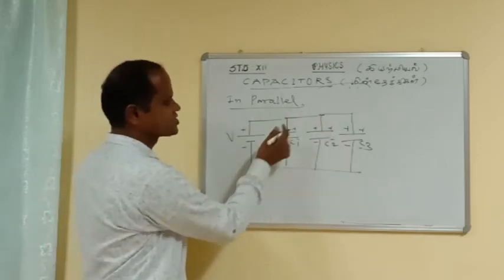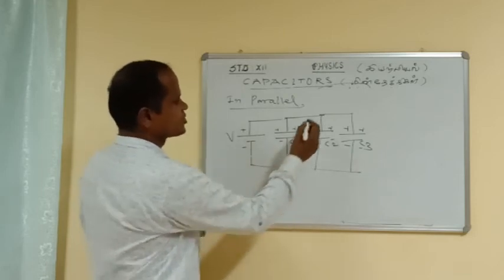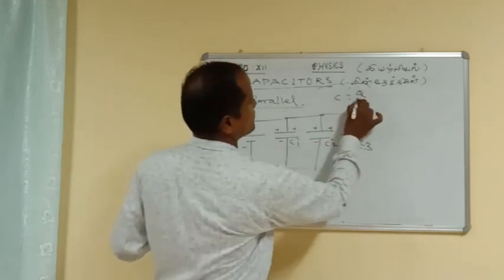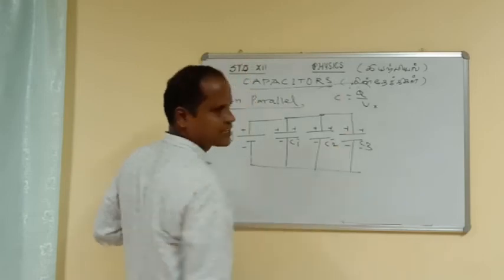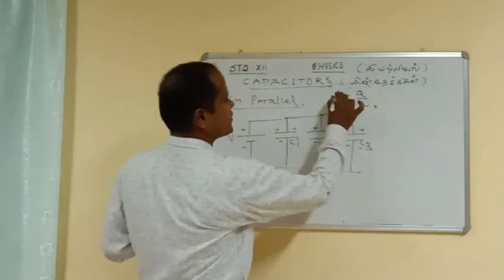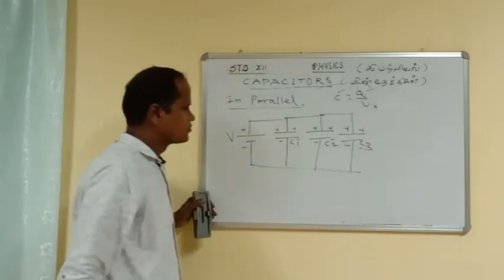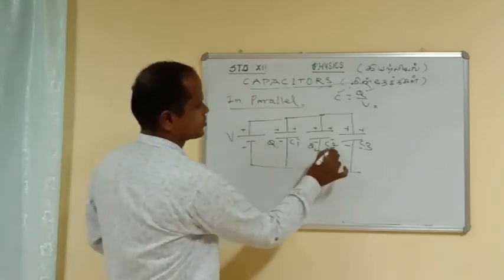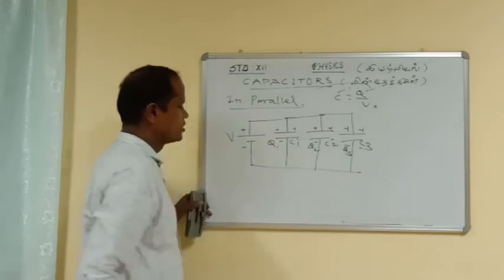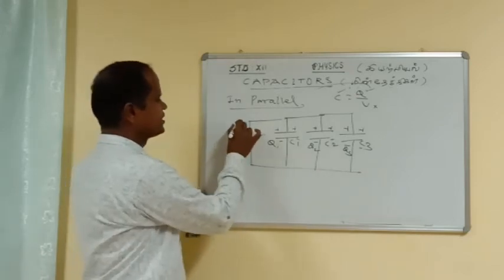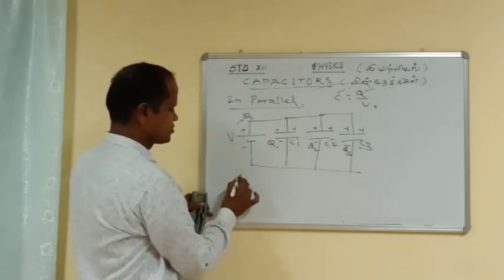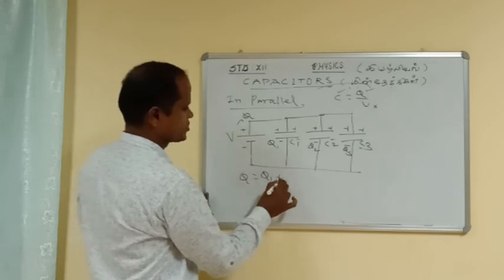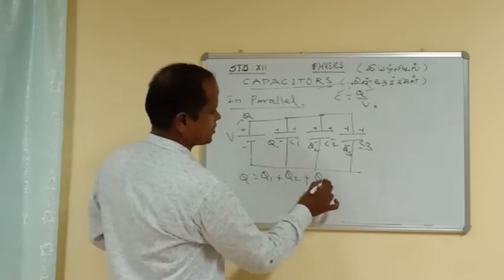You know the formula C is equal to Q by V. As the potential is the same and C is varying, Q also varies. So here the charge is Q1, here Q2, and here Q3. The total charge from the battery is Q, so Q is equal to Q1 plus Q2 plus Q3.